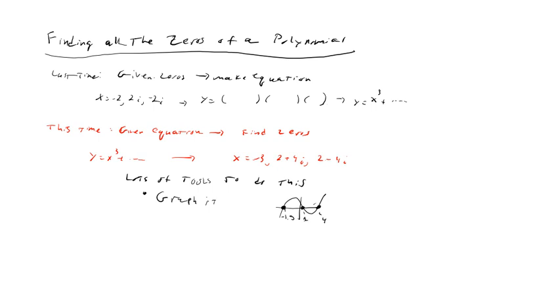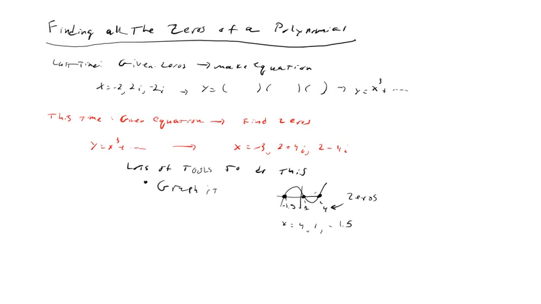We know that the zeros are 4, 1, and -1.5. The graphing is really easy. If you graph it and you find the zeros, like really nice numbers, you're done.